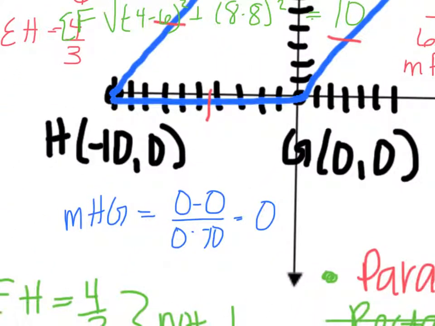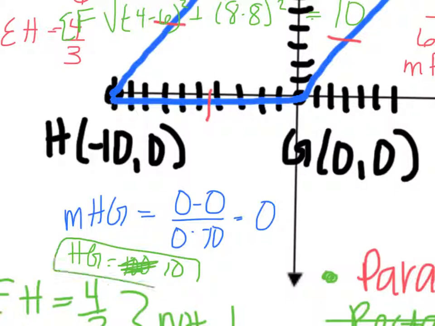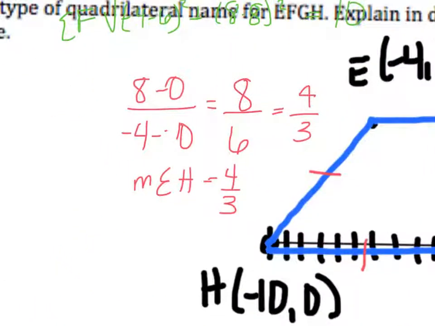Let's do HG. This is also going to be 10 as well. If you do -10 minus 0 squared and then square root it, it's going to be 10. So I know opposite sides are congruent. That's not necessarily a property of a rhombus, it's more of a property of a parallelogram. So let's see if the other sides are congruent as well.